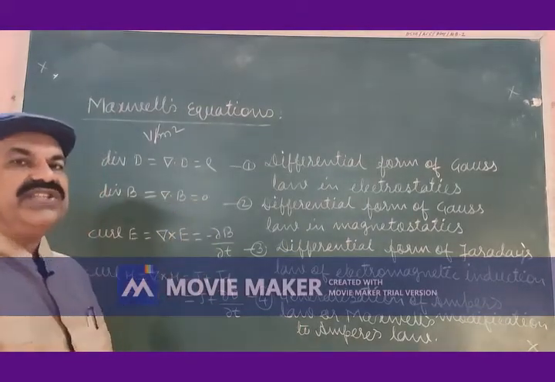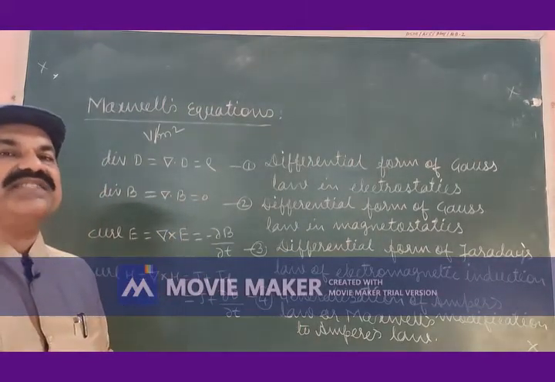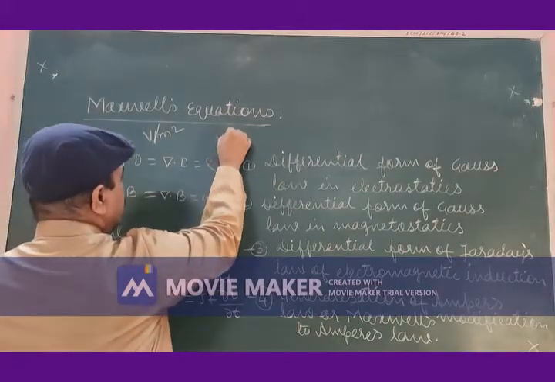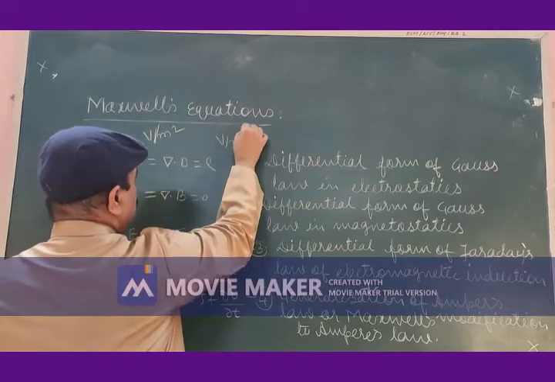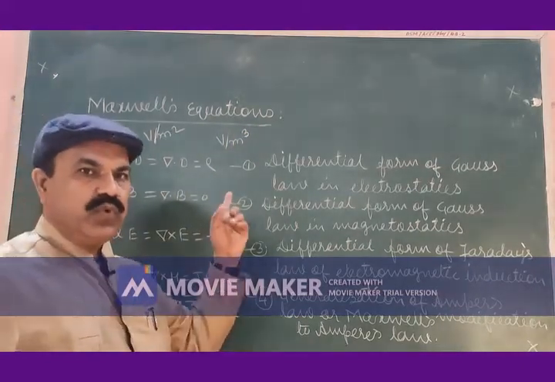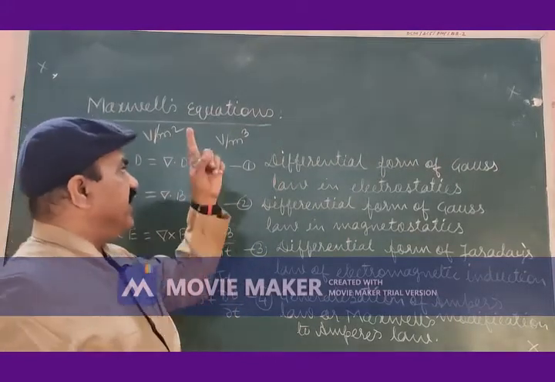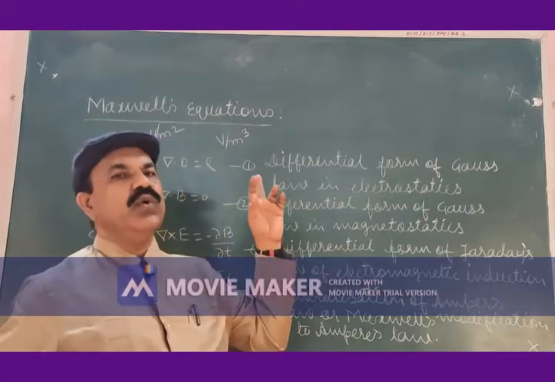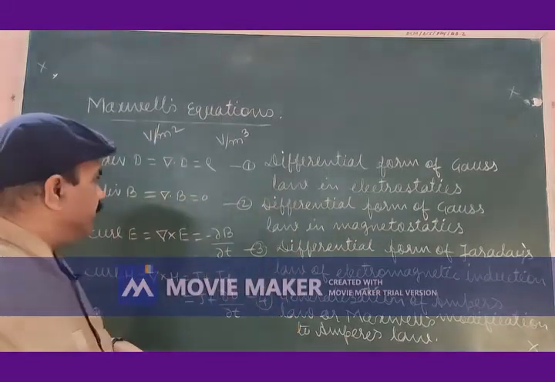Rho is the charge density. Charge density is measured in the unit of volt per meter cube.